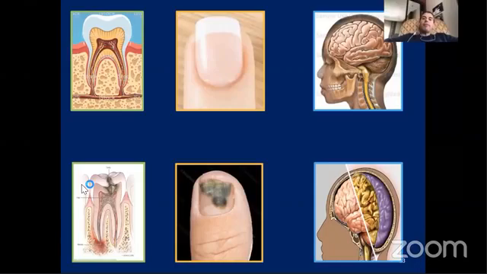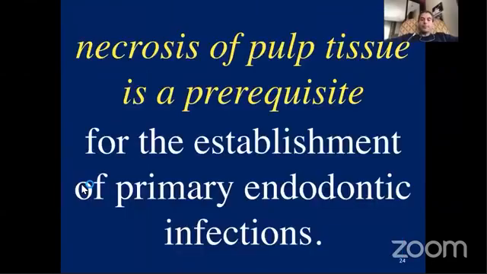Those 3 parts of the body participate in one feature. We don't have enough space to expand when we have inflammation. So when we have inflammation, there is no space to expand, as happens in regular inflammation. So the organ will die, like what happens in the case of the pulp.